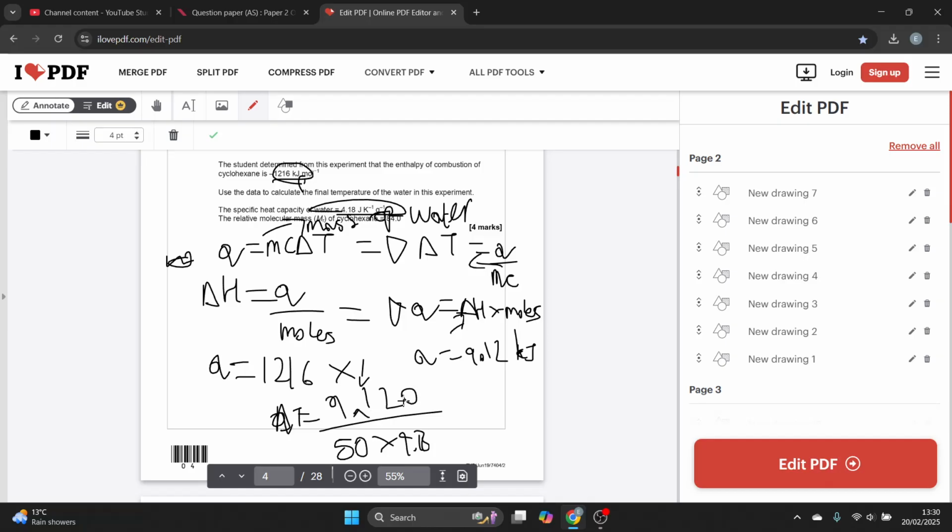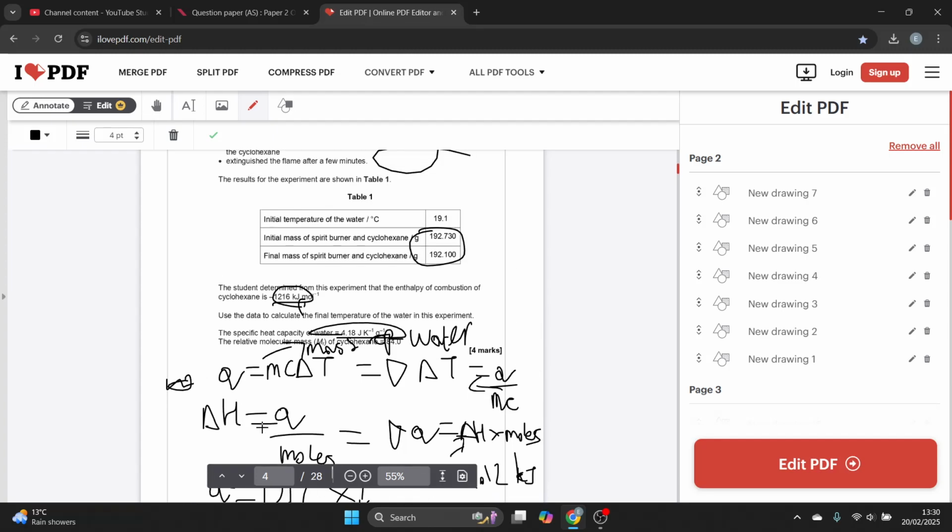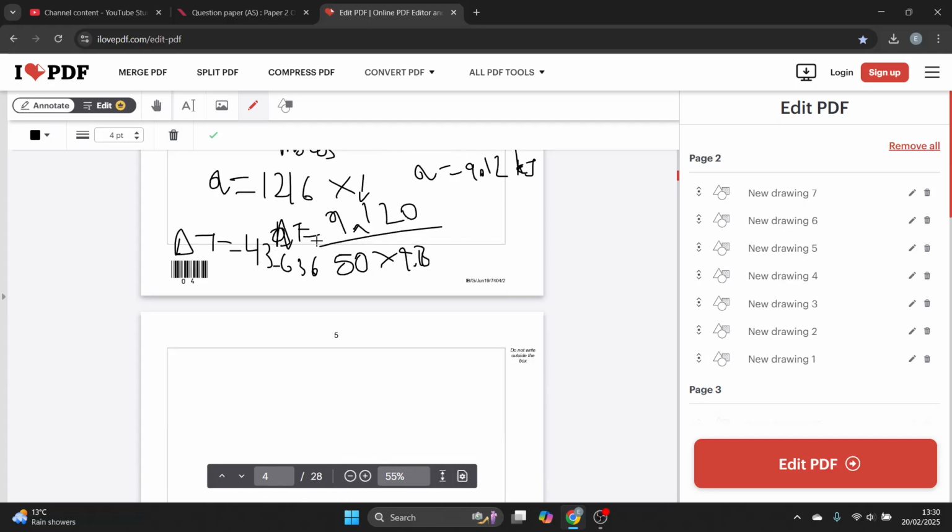It's going to be 9,120 joules, divided by 50 times by 4.18. That would give you delta T, 43.636 recurring. But that's not what I want. I want the final temperature, so I'm going to do the initial temperature, 19.1, plus the answer I just worked out, 62.7.